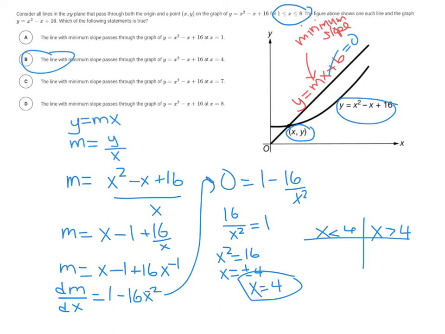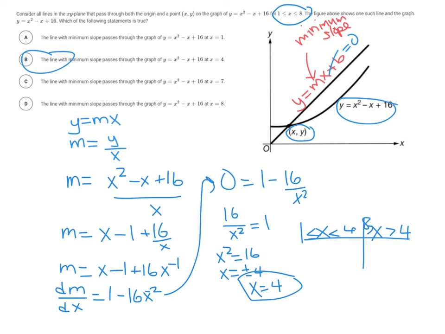You can check that by choosing any test point less than 4, but you still want it to be in the domain, so it has to be greater than 1. And then the same thing here for greater than 4, it still needs to be less than 8, because it has to be within that domain we have up there.